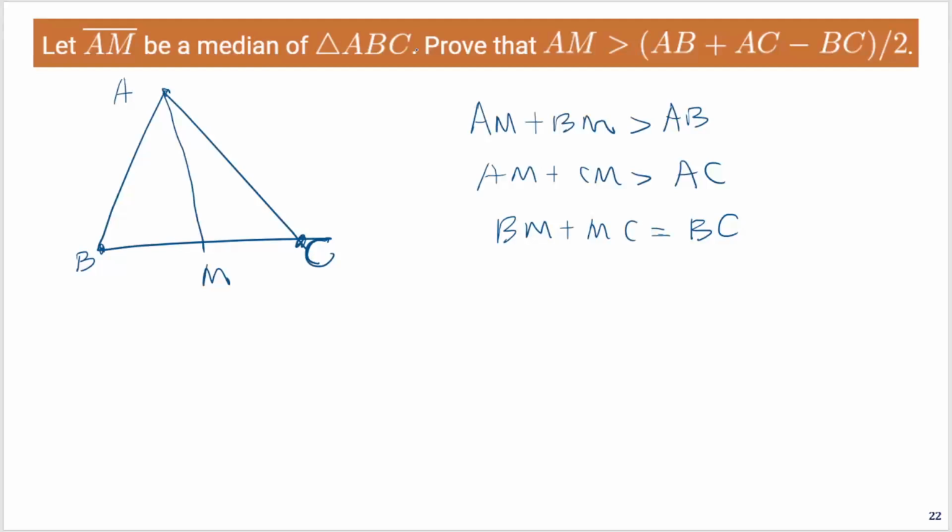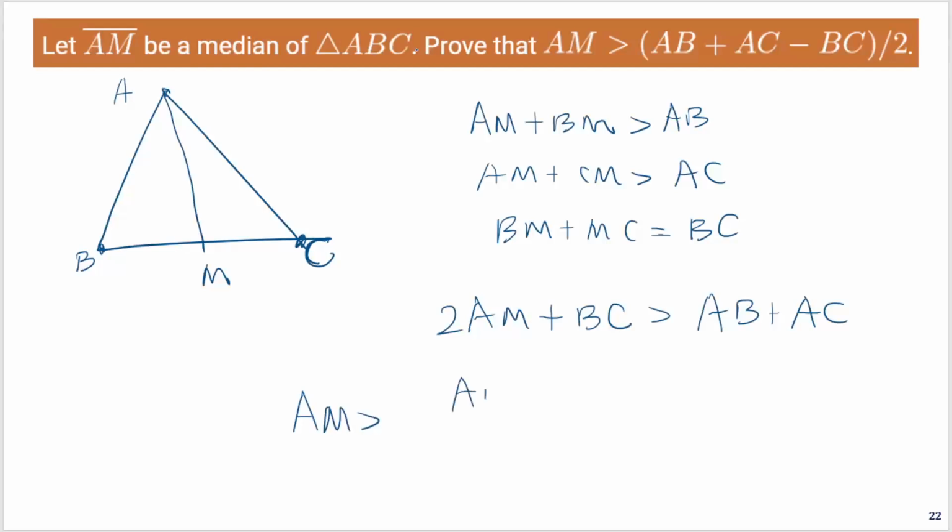We then add these inequalities, which gives us 2AM plus BC is greater than AB plus AC. So do you have the desired conclusion now? Therefore, we have AM is greater than (AB plus AC minus BC) over 2, right?